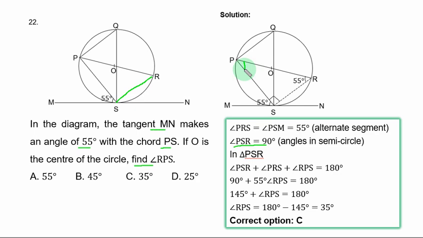So in triangle PSR, if you add the three angles, the sum is equal to 180 degrees. When you add, you get this result. If you make angle RPS the subject, you have 180 degrees minus 145 degrees, and that is 35 degrees. C is the correct option.